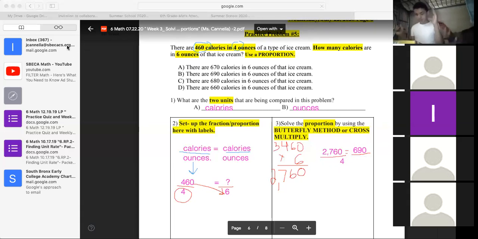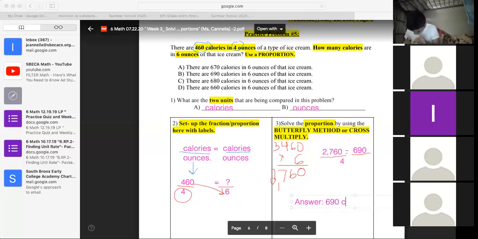Is equal to 690. Right, so it's 690 calories for 6 ounces, right? Yes. Okay. So we're going to write over here in the text box that answer. We're just going to write this, that there's 690, let me make a colon.